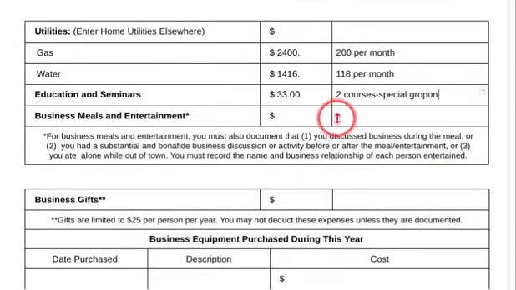So business, meals, and entertainment. If you had to eat any meals or buy any kind of food or entertainment pertaining to your business meetings, get-together, events, luncheons, anything of that nature, you want to put that here, and you want to total up all the receipts or transactions in your banking history pertaining to your business, meals, and entertainment.